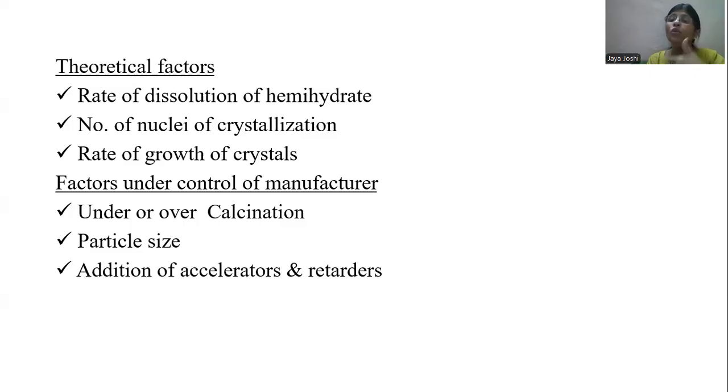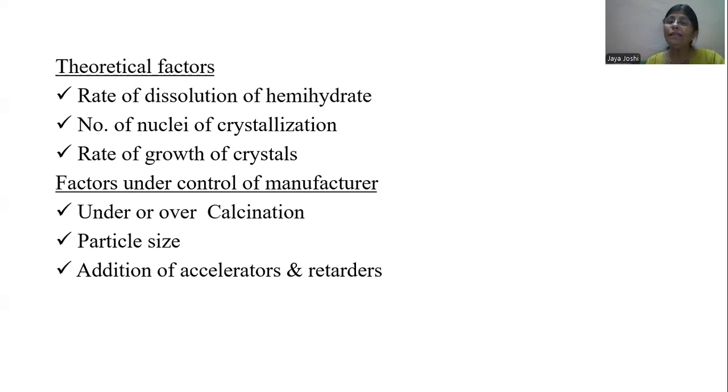If the temperature goes beyond 200 but below 1000 degrees centigrade, then we get crystals of orthorhombic anhydrite, which is the insoluble type of anhydrite. In that case, the setting reaction will be retarded and the setting time increases. So that is the effect of under and over calcination. It depends upon which type of crystals are forming, and accordingly it will either accelerate or retard the setting reaction.